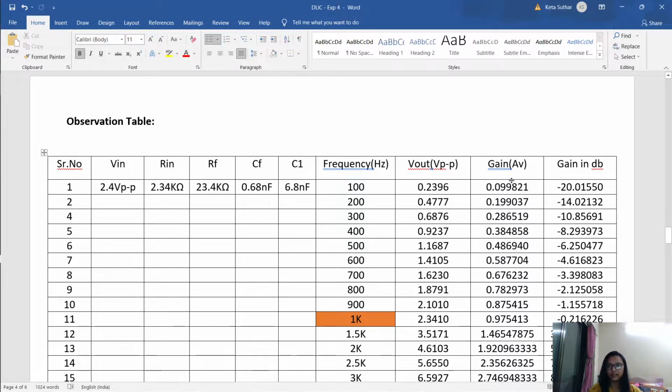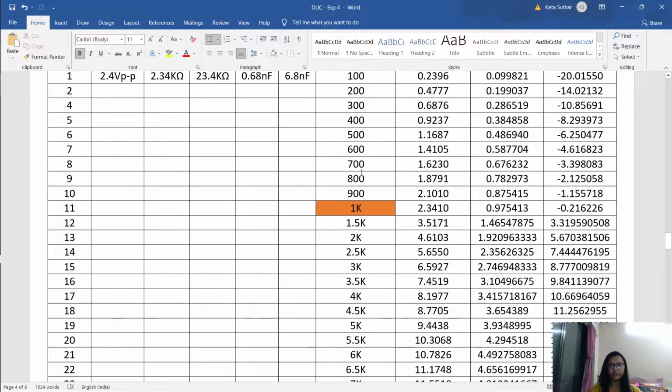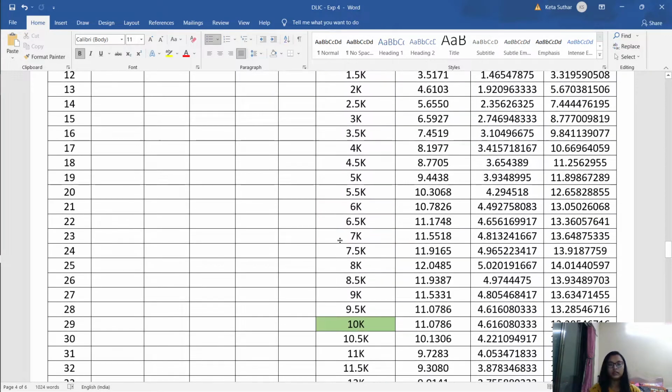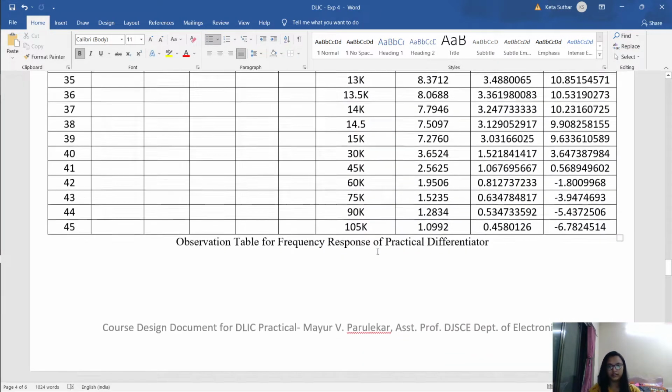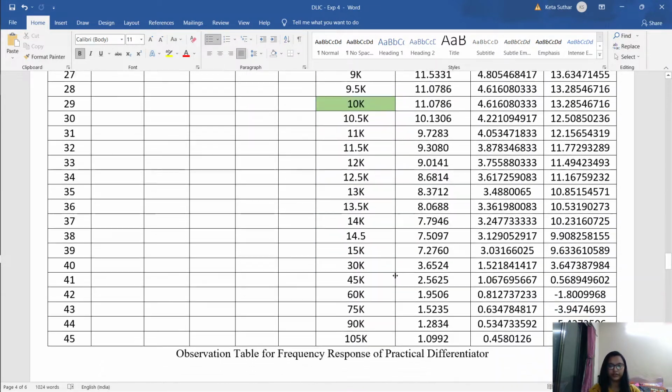That is correct. Now gain is Vout by Vin, so by that I've calculated the gain. To calculate the gain in dB, it is 20 log of Vout by Vin. I've taken different values of frequencies so that I can understand the working of a practical differentiator at different frequency values. I've highlighted the upper and the lower cutoff frequency.